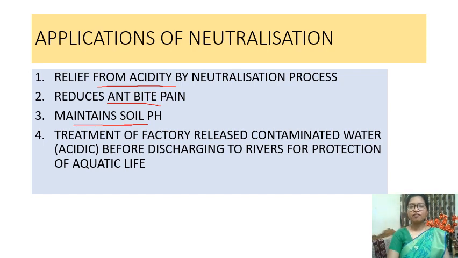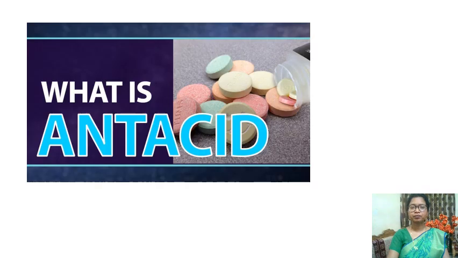Many times factories release contaminated water and it is generally acidic, which is harmful for aquatic life. So by the use of neutralization reaction, we treat the factory wastewater before discharging to the rivers for protection of aquatic life.